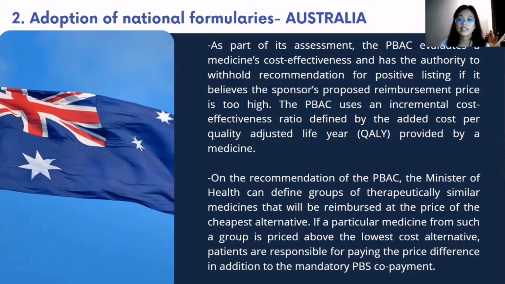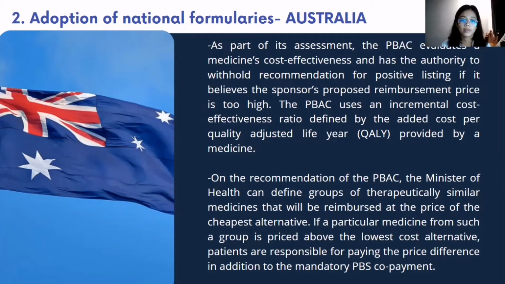As a part of its assessment, the PBAC evaluates the medicine's cost effectiveness. The PBAC is responsible for comparing the effectivity of the drugs. For example, drug A and drug B are both antipyretic drugs, but which of them is most effective?